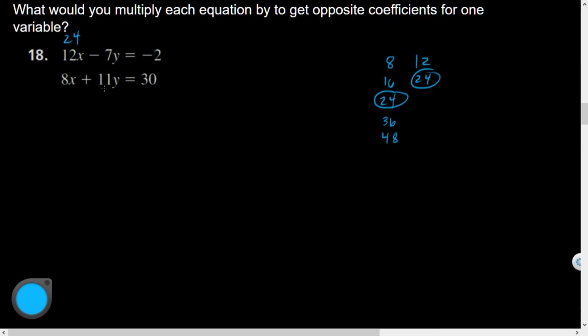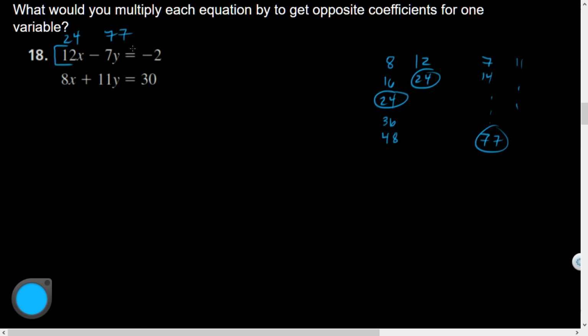And how about 7 and 11? Yeah, I have a feeling. The way I know that is that these are both what are called prime numbers. And yeah, if I make the list, it's not going to happen until we hit 77. And so if I have a choice, which one do I want to work with? Yeah, 24 is way cooler.